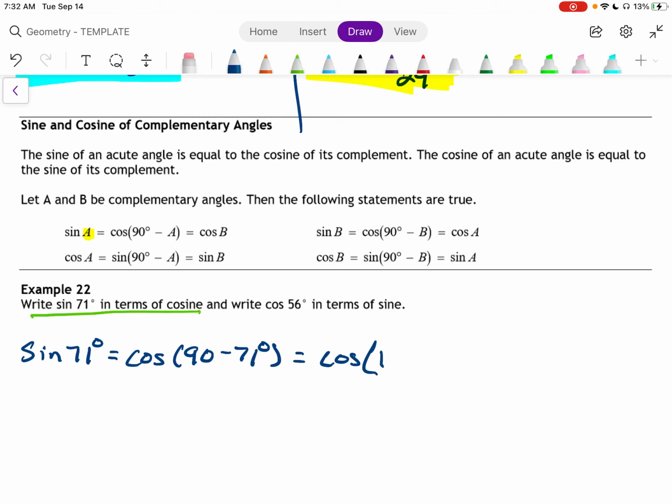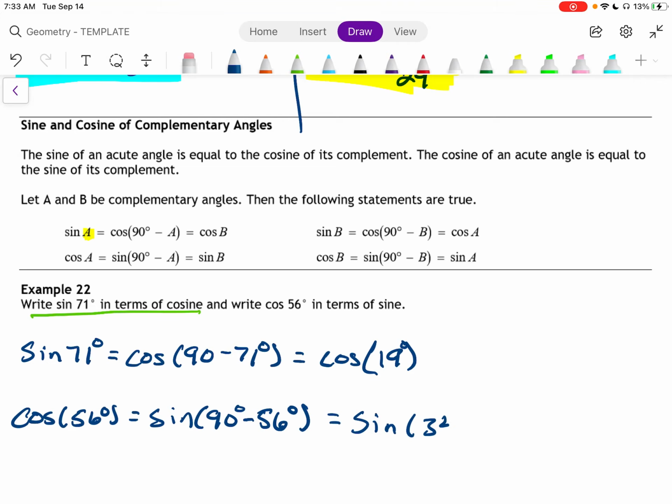No, 19. And we should really have a degree symbol there. Next up, we have cosine of 56 degrees is going to be equal to sine of 90 minus 56 degrees, which is equal, 90 minus 56 is 34. So that's going to be sine of 34 degrees.